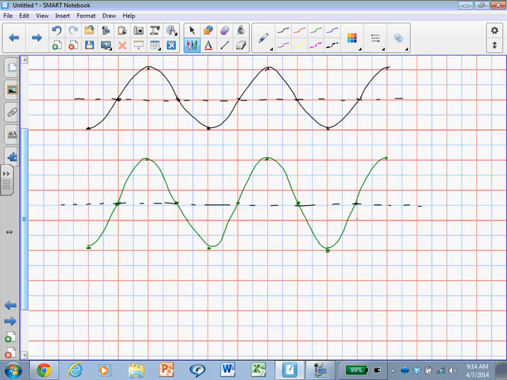Yeah, 1. And then we'll take the blue as half. So that's minus 1. And then this is what, then? Minus 1.5. So our sum there is minus 2.5.